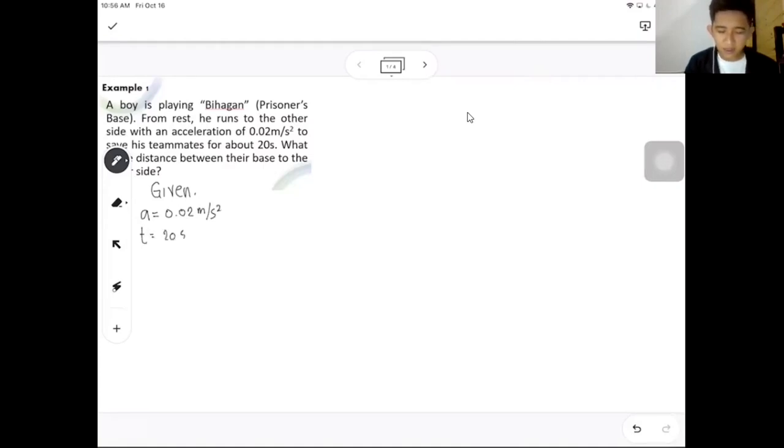Since the boy comes from rest, the initial velocity is equal to 0. We are required to find the distance. Our equation that we're going to use is that d is equal to v sub 0 t plus 1/2 a t squared.